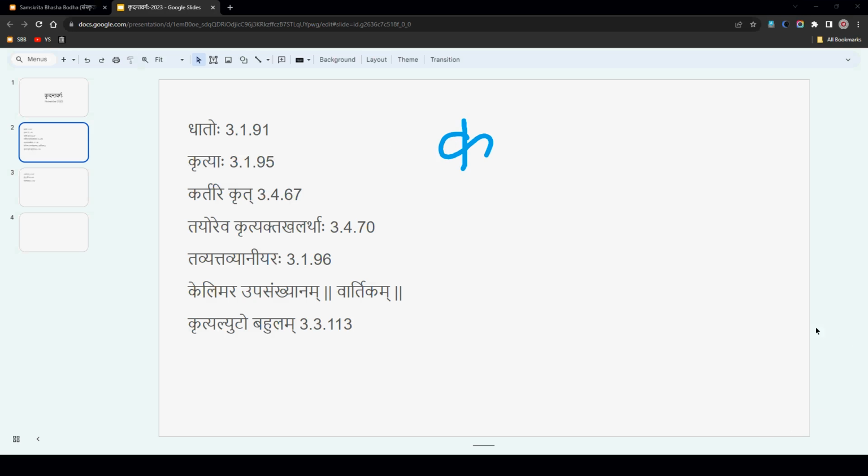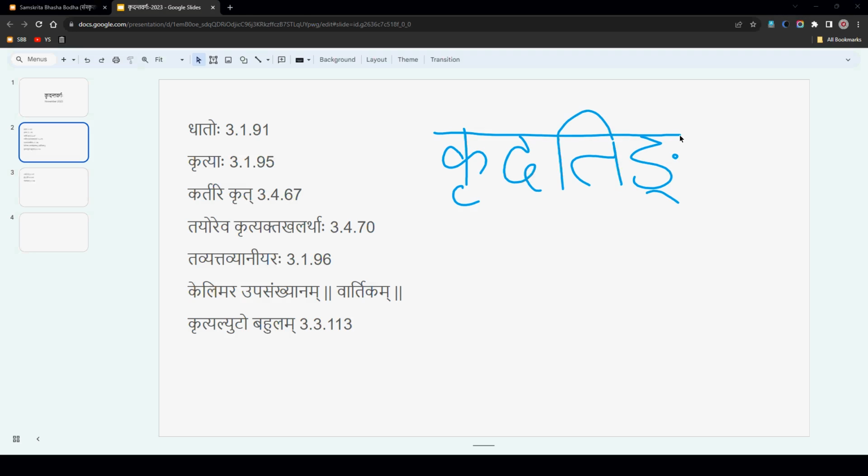This is a basic sutra which is not listed here, but because it is basic, what does Krudating say? Krit plus Ating.